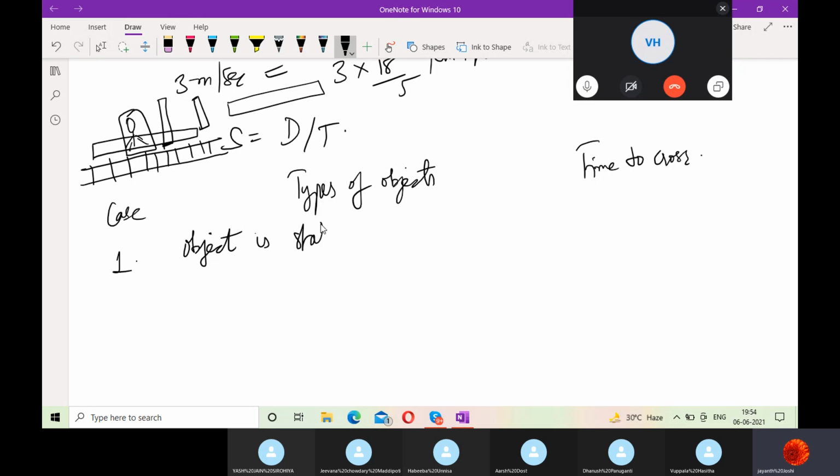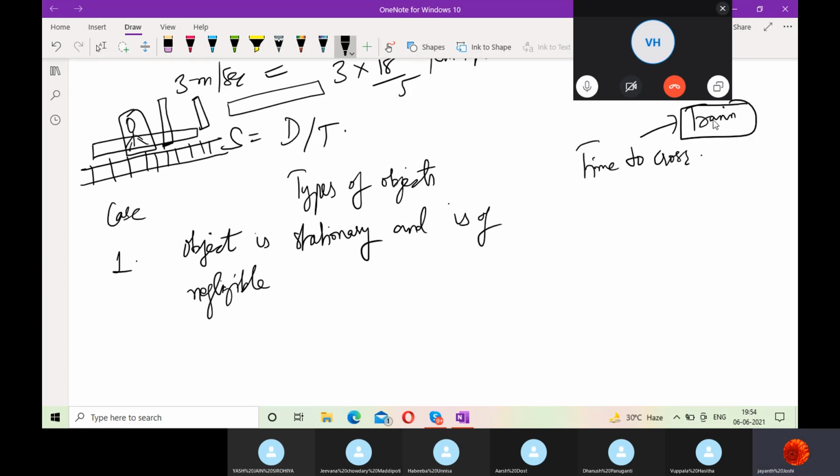Case number one: the object is stationary and is of negligible length. Time to cross, that means who will cross here? The train. So what time the train would take to cross, that we are seeing.